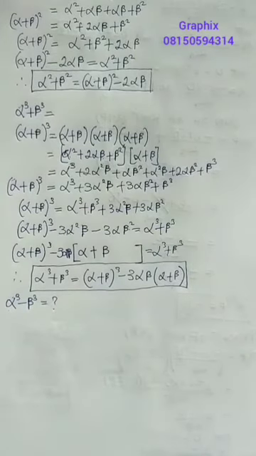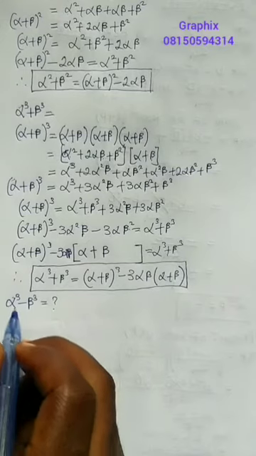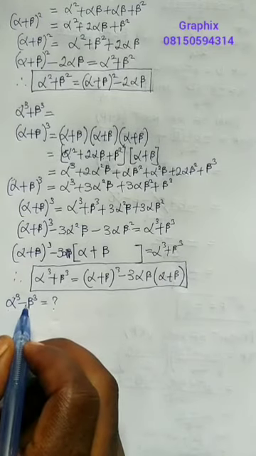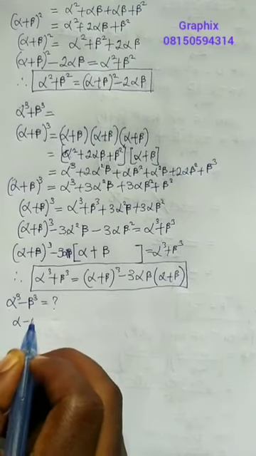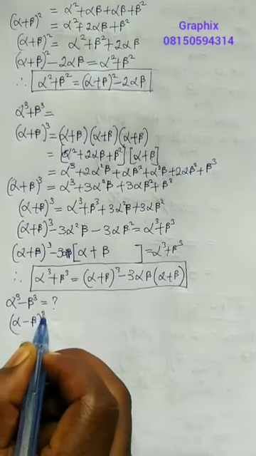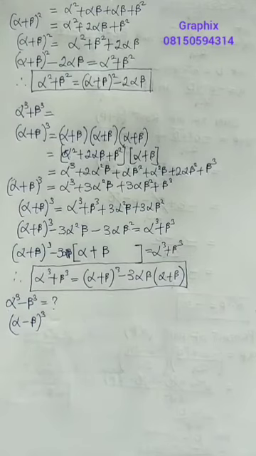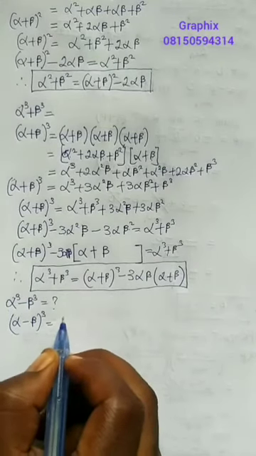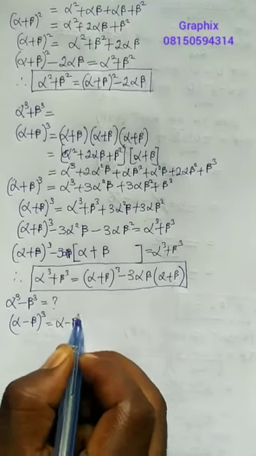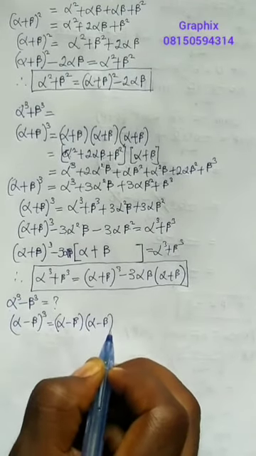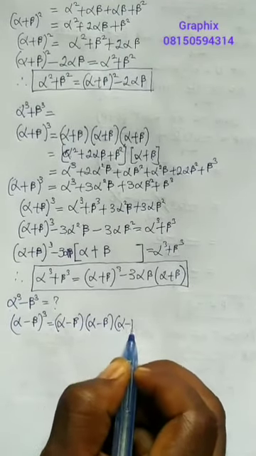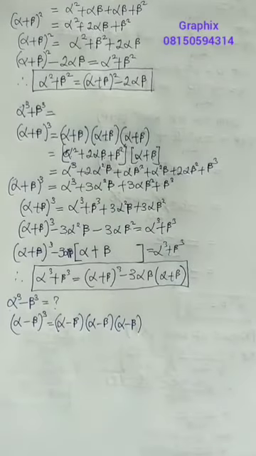What you should ask yourself is, I can see alpha cube minus beta cube in alpha minus beta all cube, right? So if I try to expand this, I'll be having alpha minus beta, bracket alpha minus beta, bracket alpha minus beta in 3 places.